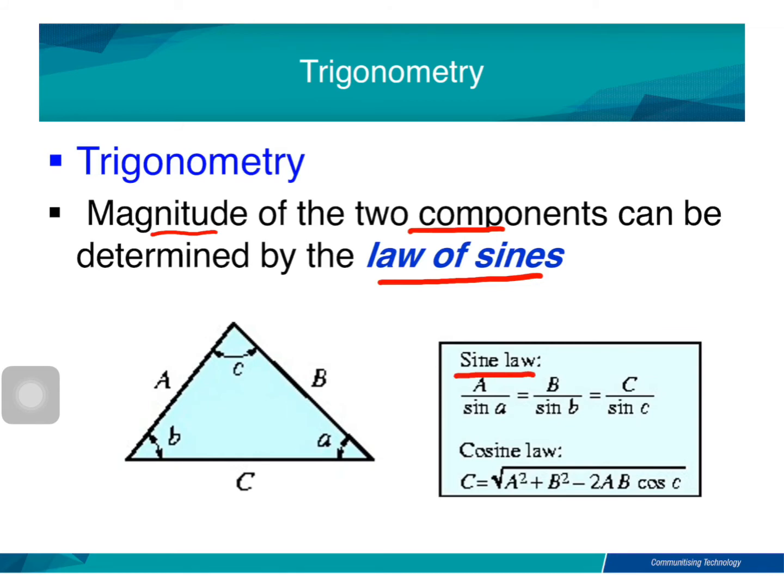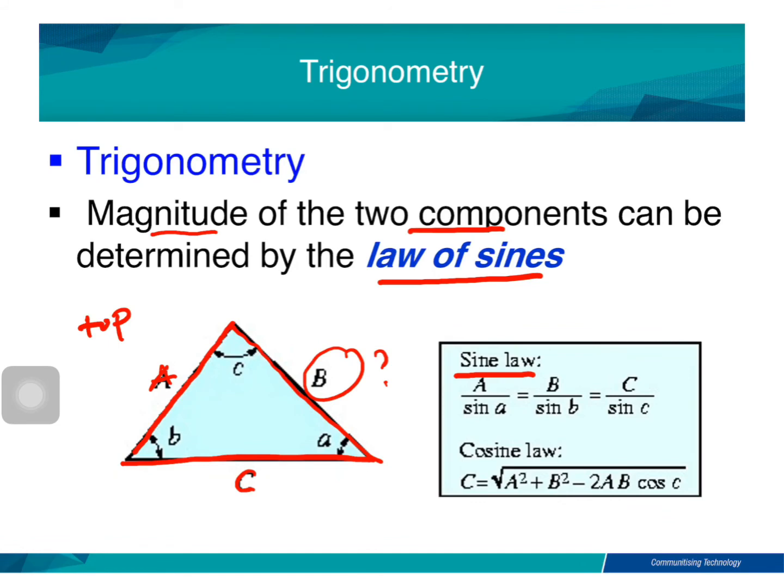Let's say we have this triangle, the top construction triangle. We have magnitude A and magnitude C, and now we want to determine the magnitude B.